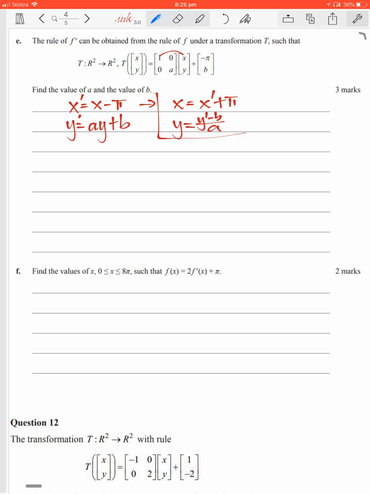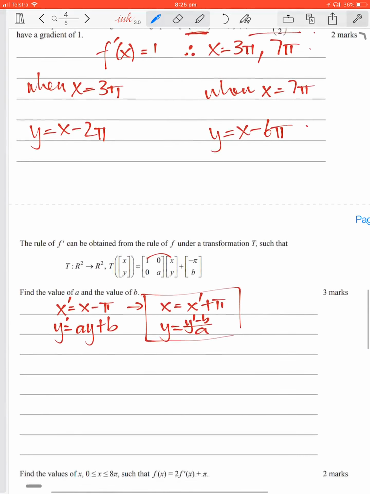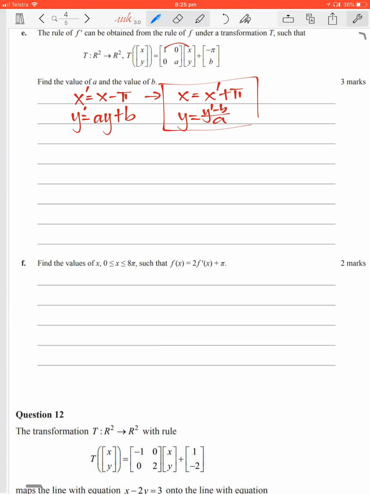So when we apply these transformations to the original function, we can end up with the other function, the derivative function. So let's do it. We know that y equals 2 cos of x on 2 plus pi. So let's put it in. y minus b on a equals 2 cos of (x plus pi) on 2 plus pi.